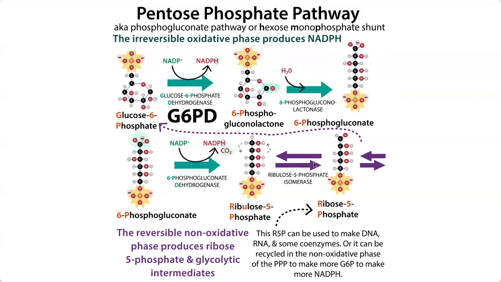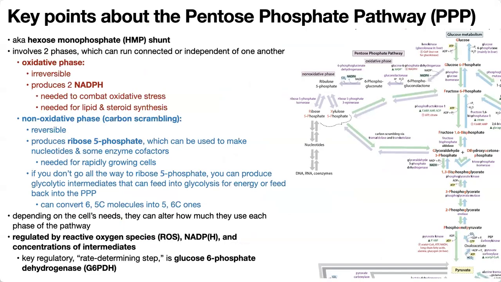And from here on out, we have these reversible steps. So we can go from that ribose 5-phosphate that we generated from the oxidative phase, and we can swap things around to give us our ribose 5-phosphate, which then we can either use to make RNA and nucleotides and all that good stuff, or we can do other things with it.